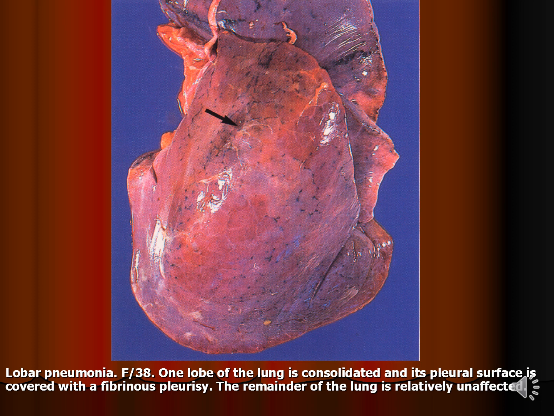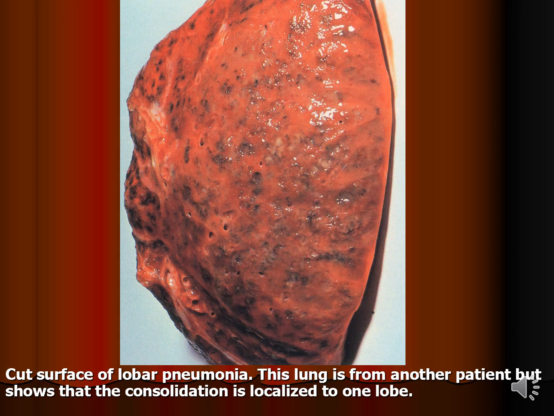So fibrinous pleurisy is a very important characteristic of lobar pneumonia. Here in this picture is the cut surface of lobar pneumonia. This lung is from another patient, but shows that the consolidation is localized to one lobe. And when we touch it, the texture is very similar to liver texture.